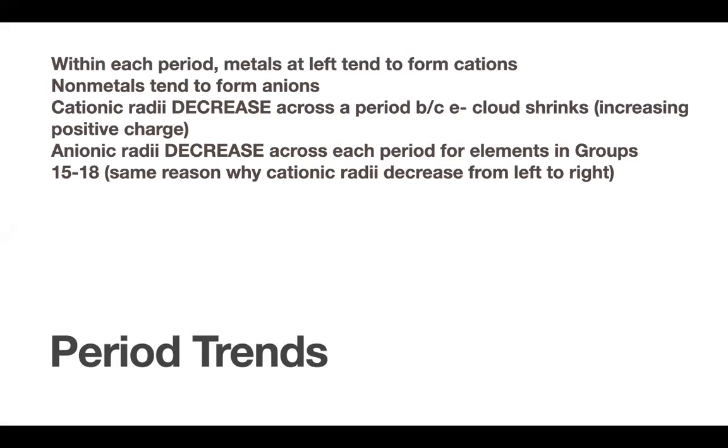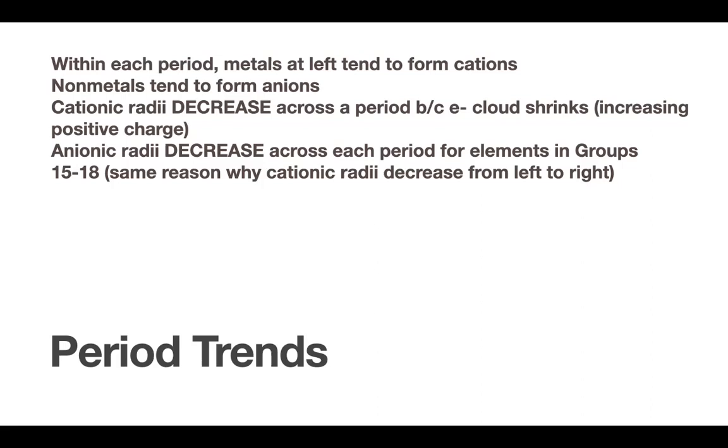And again, remember, I'm limiting it to groups 15 to 18 because those are the groups that form anions. Everything else forms cations. So in general, whether you're a positive or negative ion, your radius decreases from left to right for exactly the same reason that atomic radius decreases from left to right.